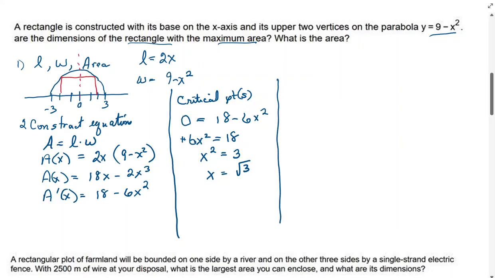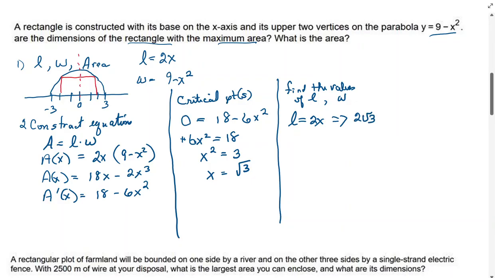So our next step: we're going to do the L and the W. Well, the L is 2x, and we know x is the square root of 3, so it's 2 square roots of 3.